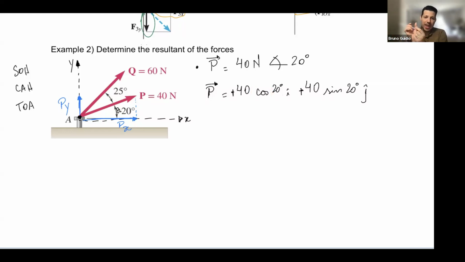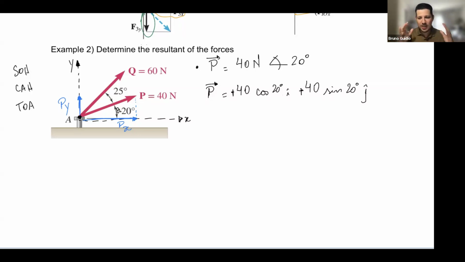Now, if my angle was measured from the y-axis, then the y would be the cosine, okay? We're going to have a problem in a moment, so you're going to visualize it. But just keep in mind, the sine and cosine are going to change a few times. It's not always x is cosine and y is sine.